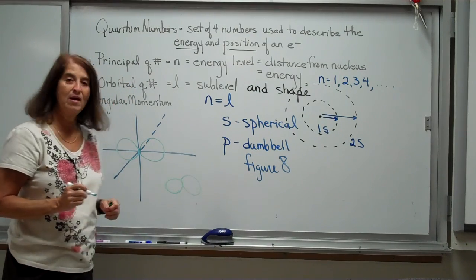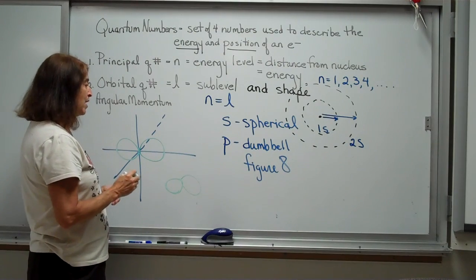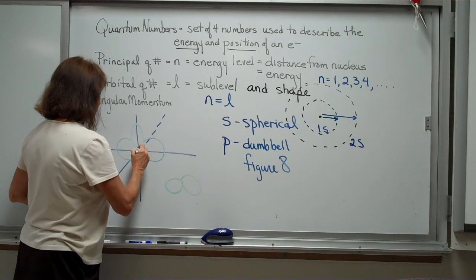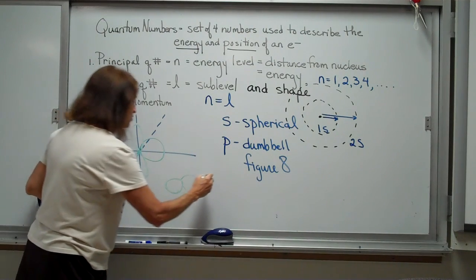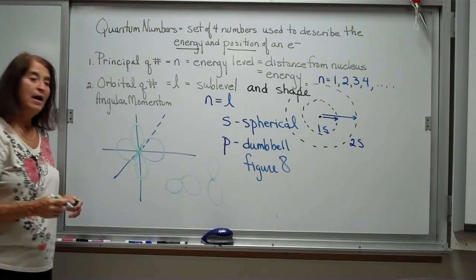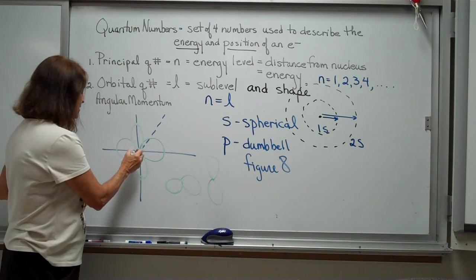Not a great drawing there, but you get the idea. And if we have p in the y, it would be found here. This could be our p in the y representation. And then p in the z would be similar, but located along the z-axis.